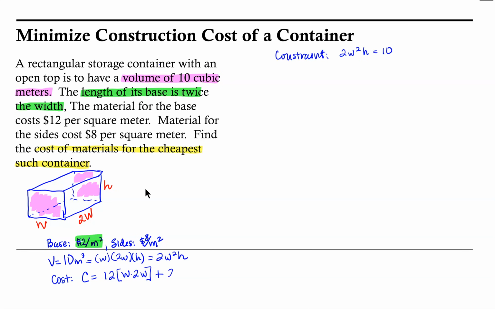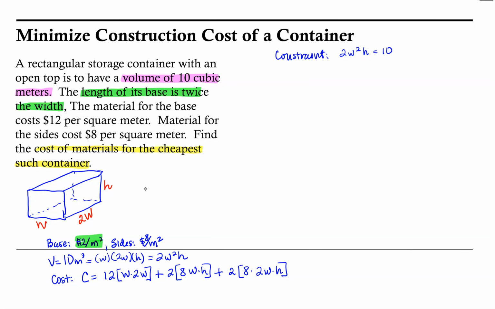So we'll have 2 sides that cost $8 per square meter, and the area of those sides is W times H. And then we'll have 2 sides that are 2W by H, this side on the left and this side on the right. So we'll have 2 sides that are $8 times 2W times H.